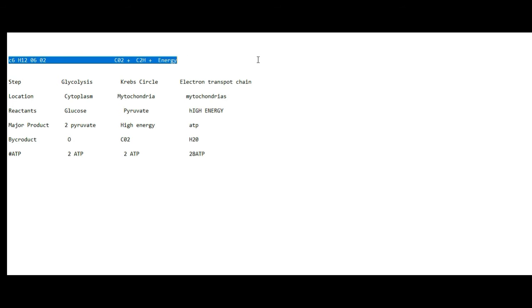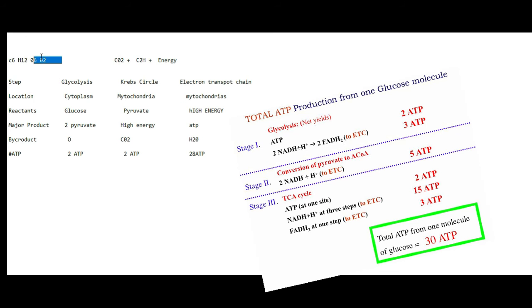You may think that was a long name, but it's only glucose plus oxygen resulting in the production of carbon dioxide, water, and energy. Energy in the form of ATP.